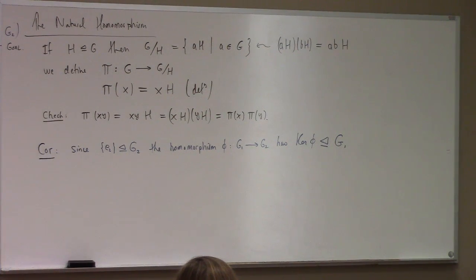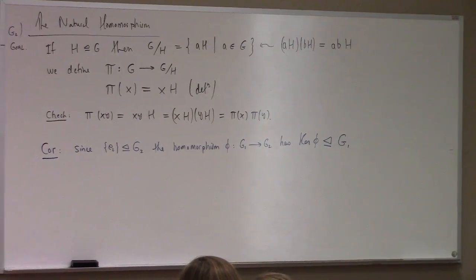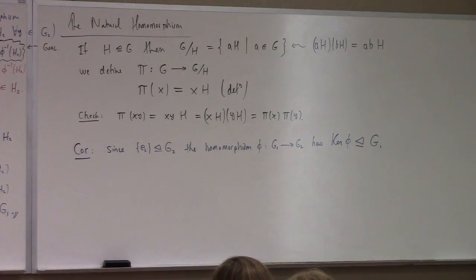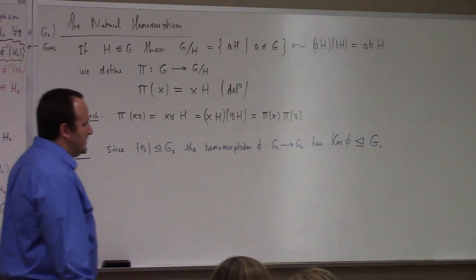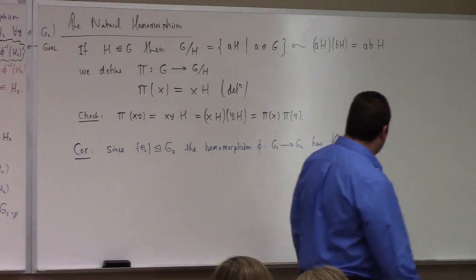We knew that the kernel of a homomorphism was a subgroup before, but we just learned something new. It's not just any kind of subgroup, it's a normal subgroup, which is really nice because that means we can form factor groups with respect to kernels.